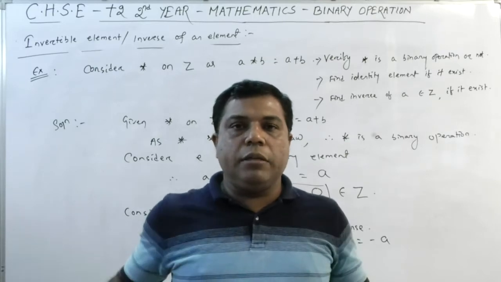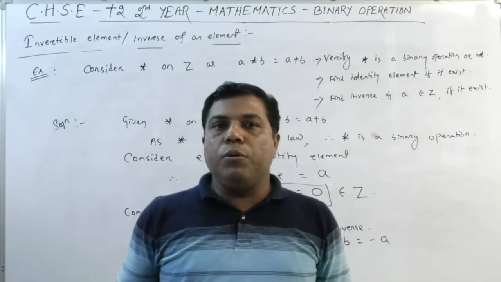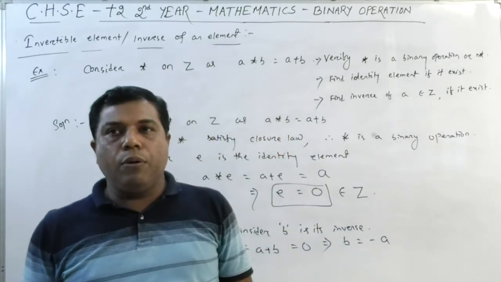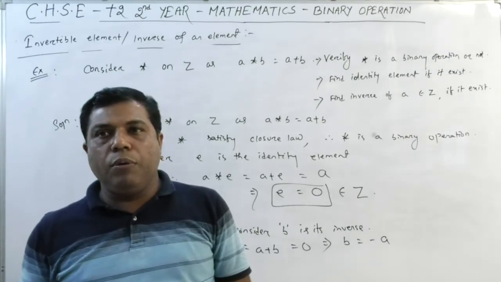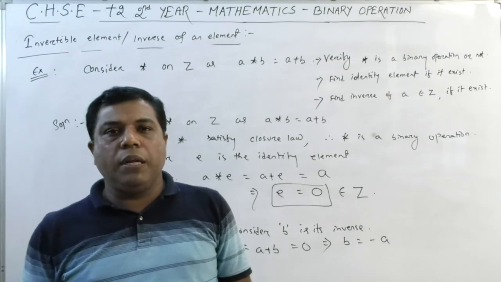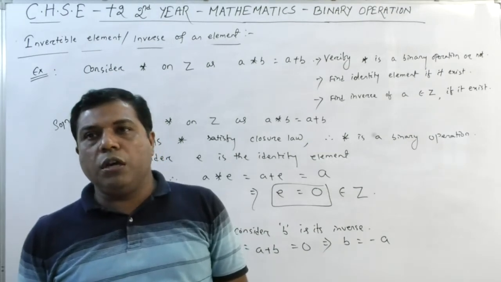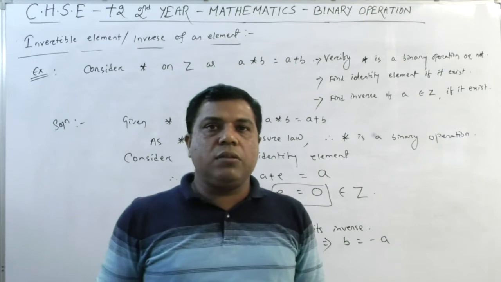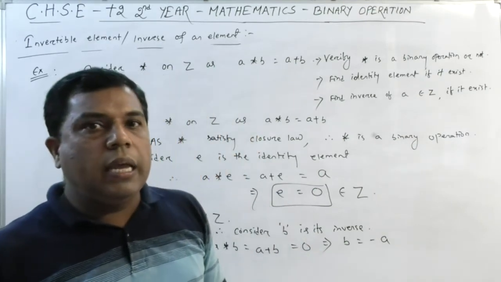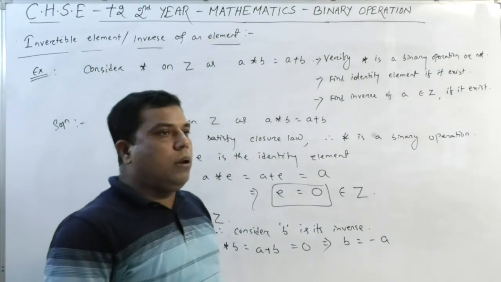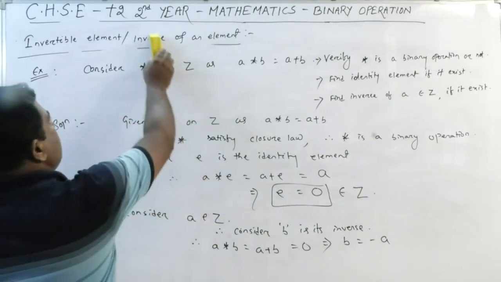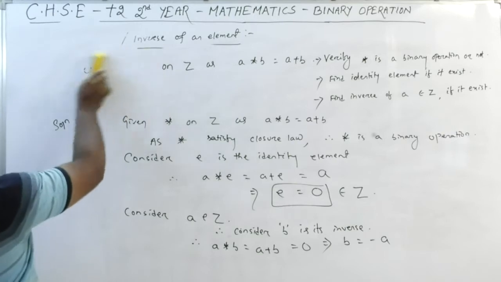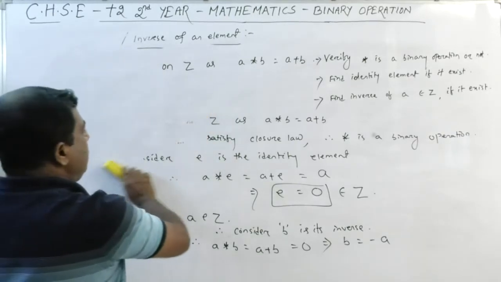If the set is larger, this composition table is not helpful. But if it contains a few elements, then we are able to show a binary operation through a composition table. So next our concept is the composition table, or operation table.